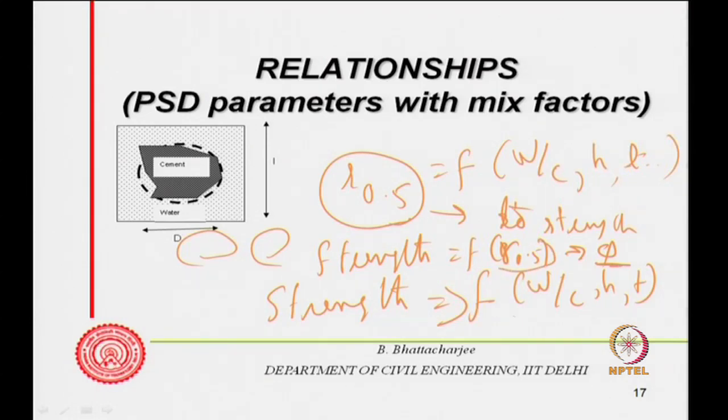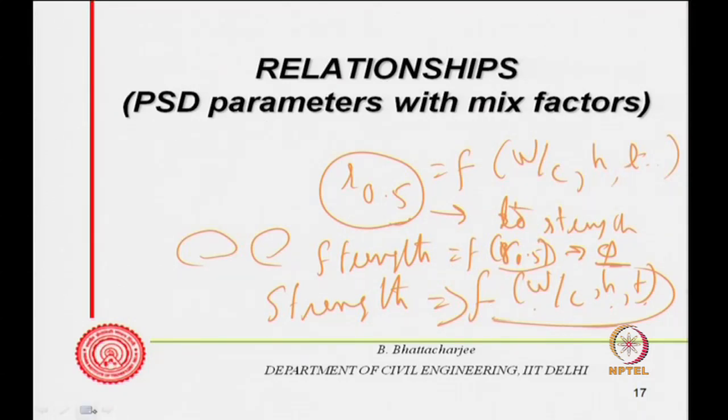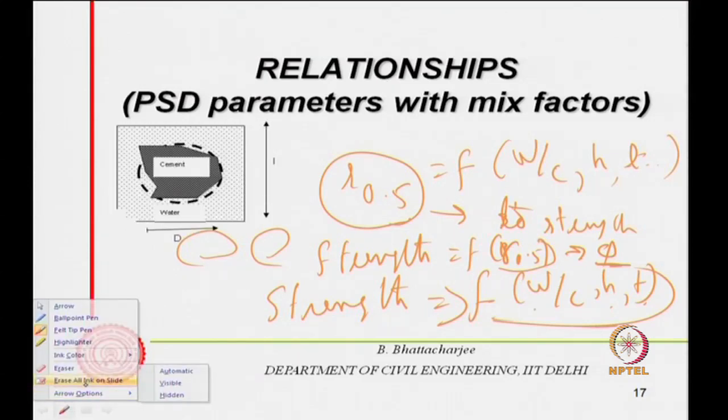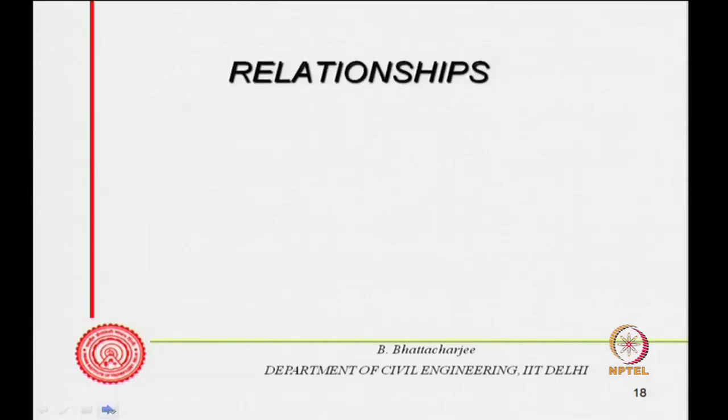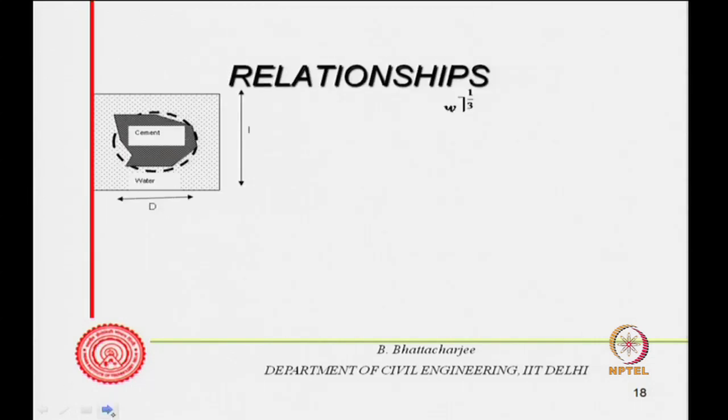If I can relate R 0.5 to water cement ratio, degree of hydration and time, then I can relate strength to all this. So it is possible to use a simple model to arrive at R 0.5 and D as a function of water cement ratio.